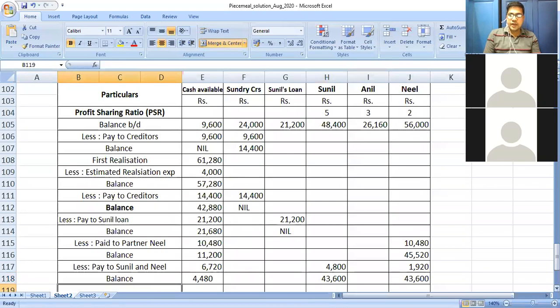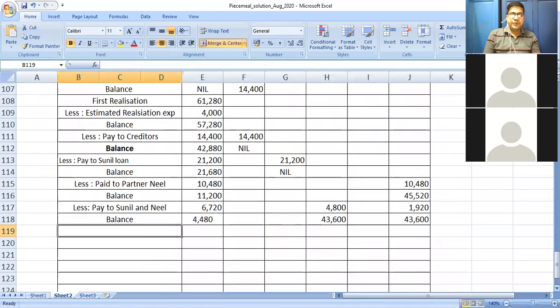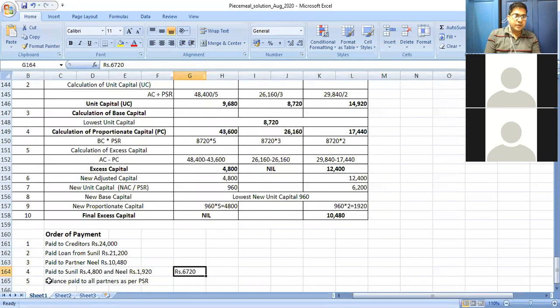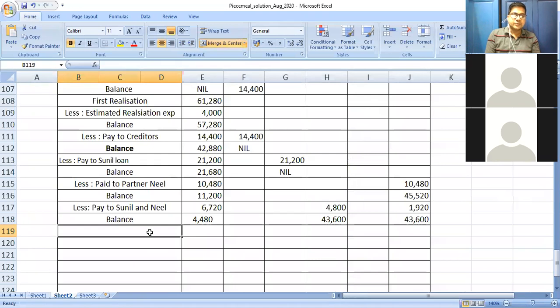Then after the payment to Sunil and Nil, the fifth step in the order of payment is: balance paid to all partners as per their profit sharing ratio. Whatever balance is there is paid to all the partners as per their profit sharing ratio.